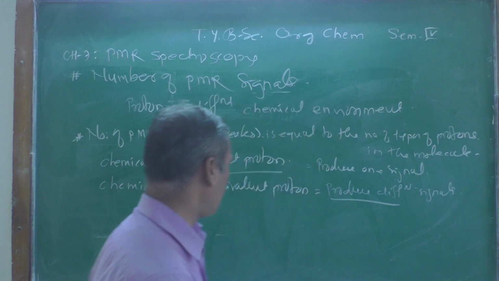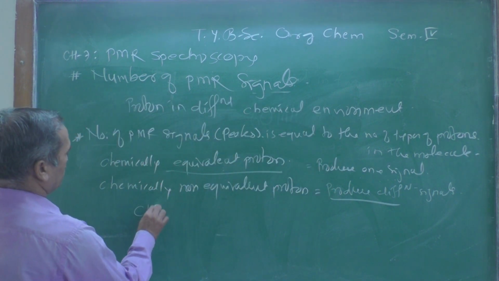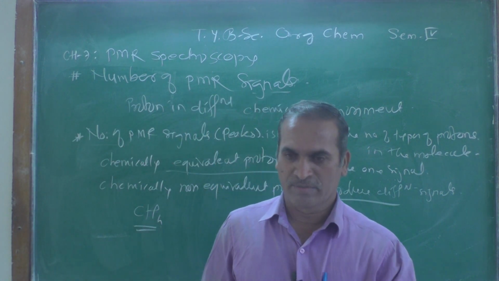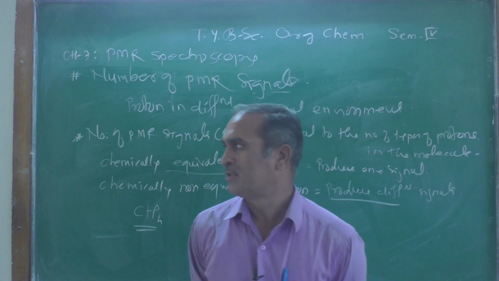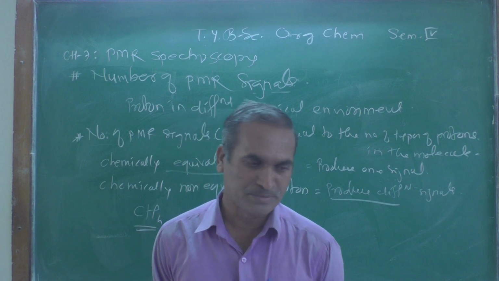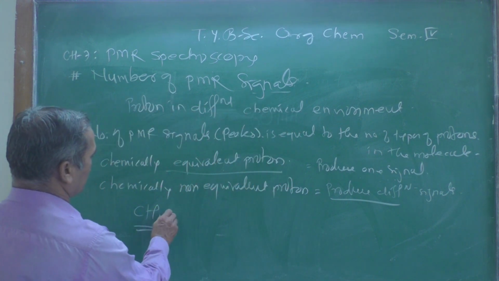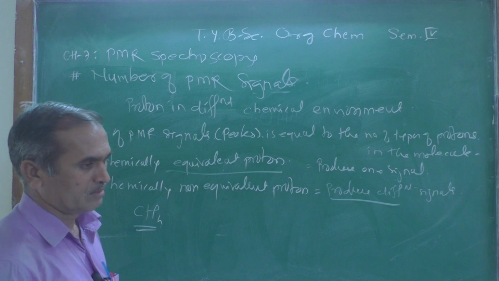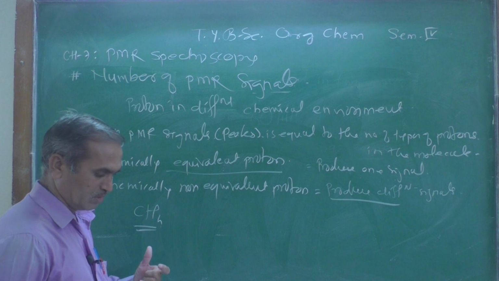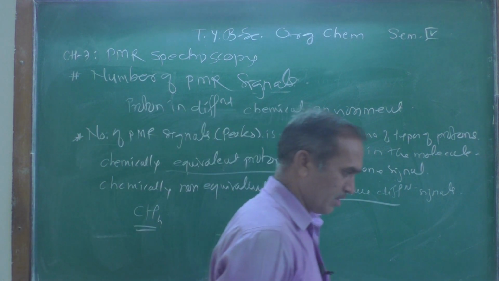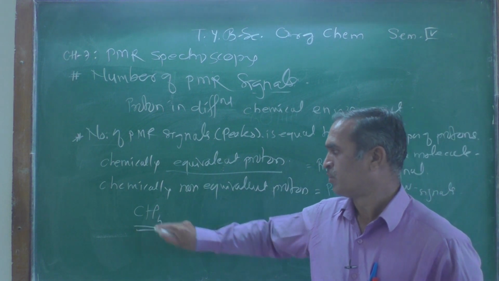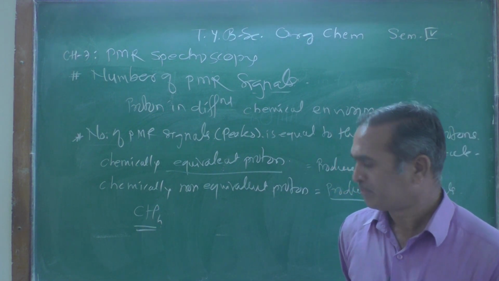Now let us see an example. CH4. This is a methane molecule, we know that. This is one of the simplest alkane family members. Now tell me, how many PMR signals will appear for the methane molecule, or how many signals will show for the methane molecule?